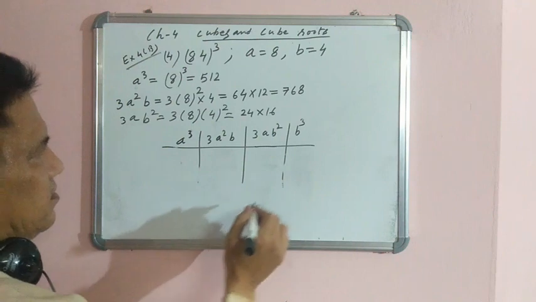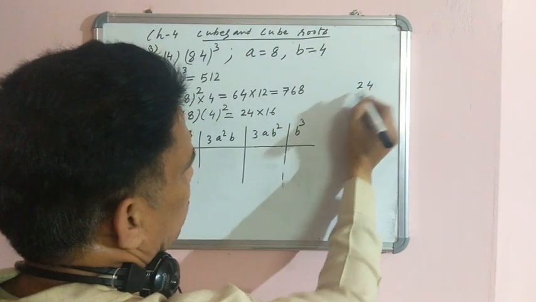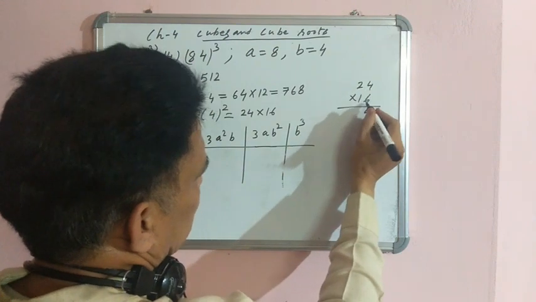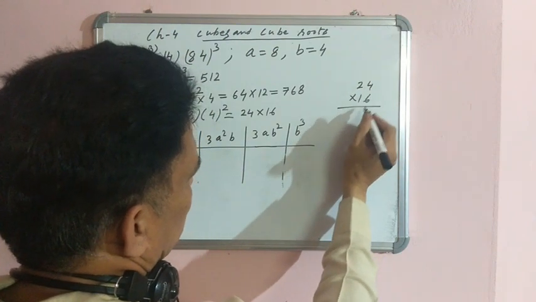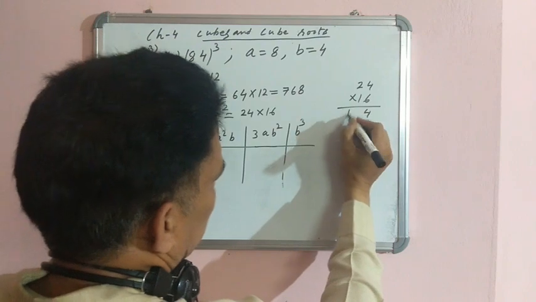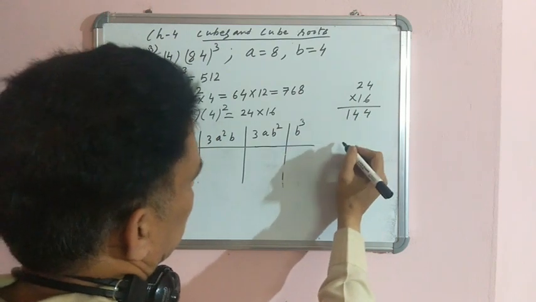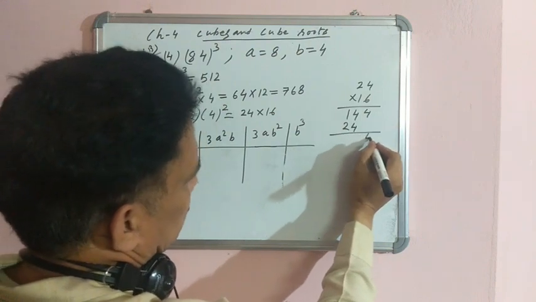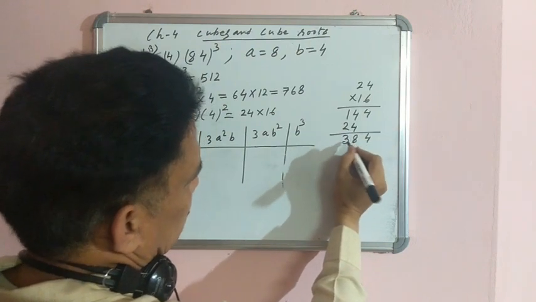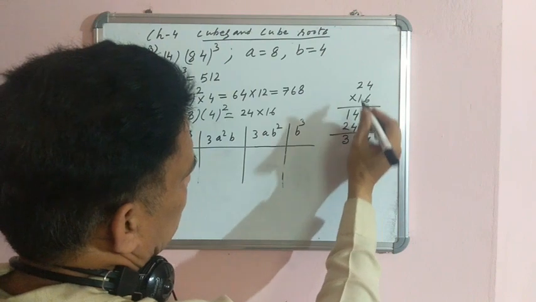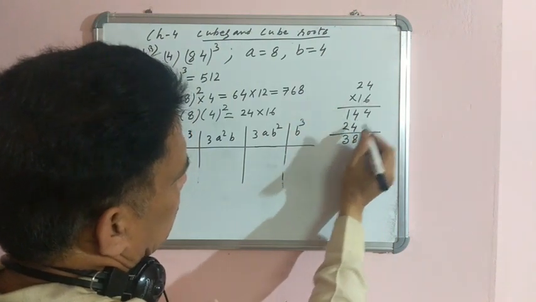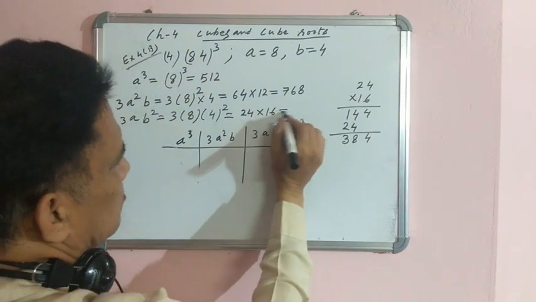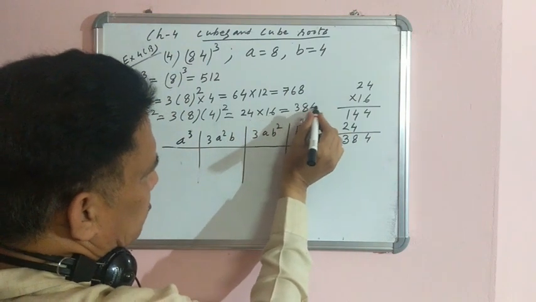Now we will multiply this one. 24 into 16. We have got 384.